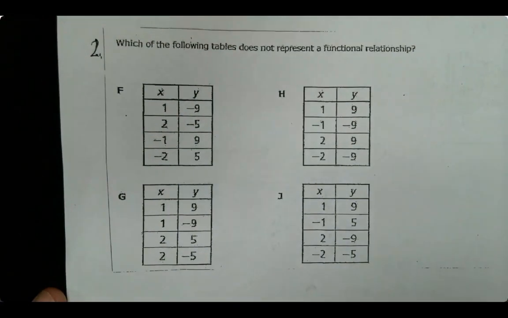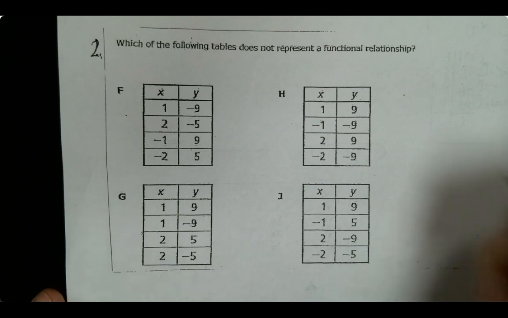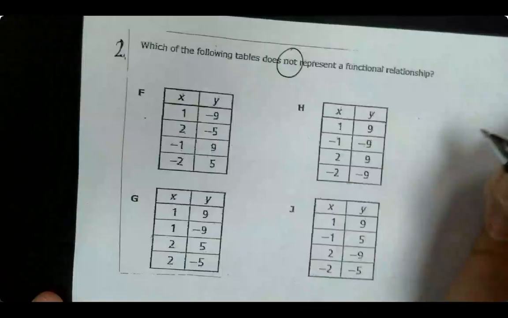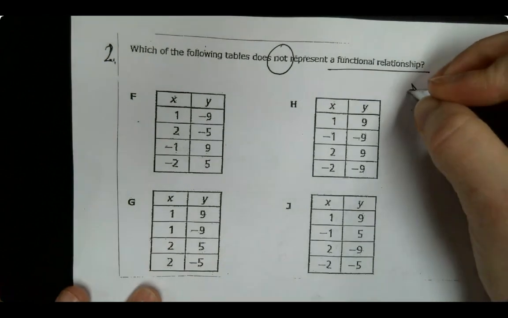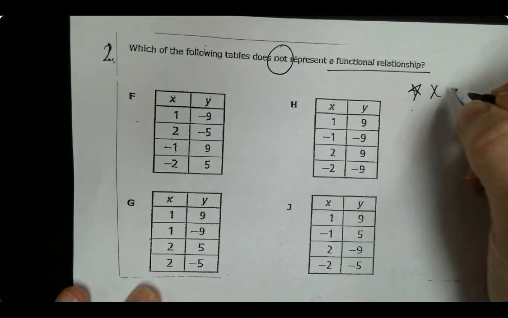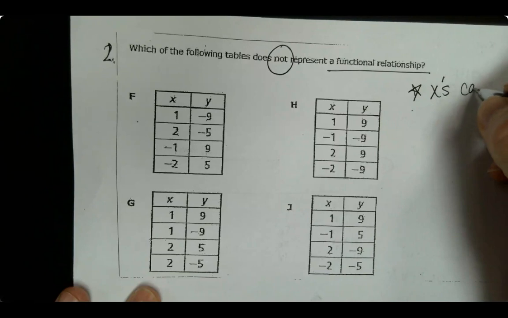So some of y'all may have had this problem on your mirror test. It says which of the following tables does not represent a functional relationship? It's been a while since we've seen this though. Yep. So to be a function, x's cannot repeat.